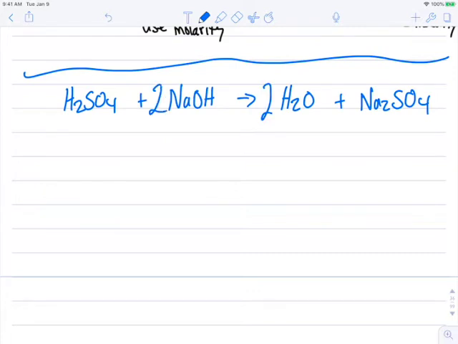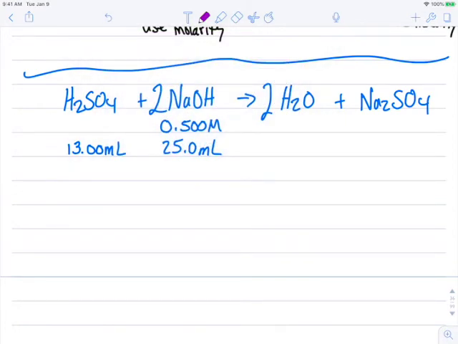And let's say that we had .5 molar of your NaOH, and let's say we have 25 milliliters of that. And let's say we use 13 milliliters of our H2SO4, and what we're missing is the molarity. So something like so, yeah? Okay.